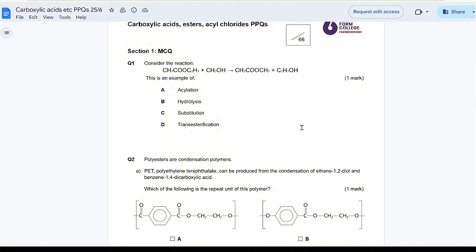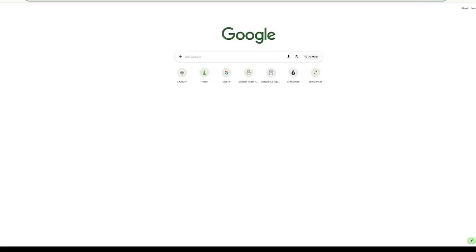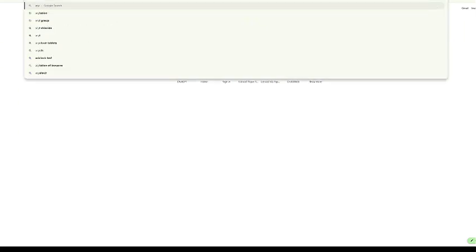Question 1. Okay. Hmm. So we're extending this chain here. Acetylation is the addition of a C double bond O. I've searched this up before.